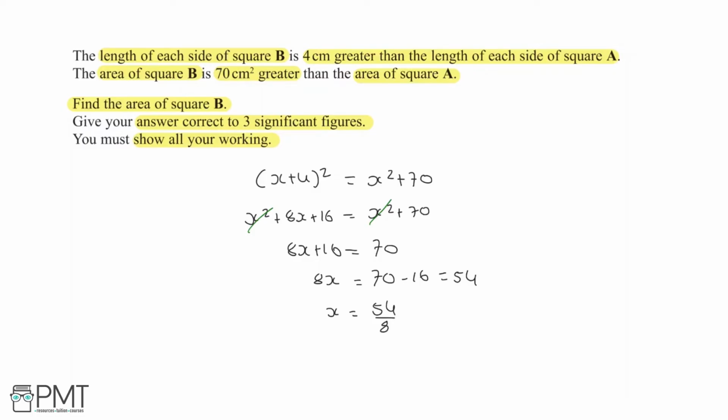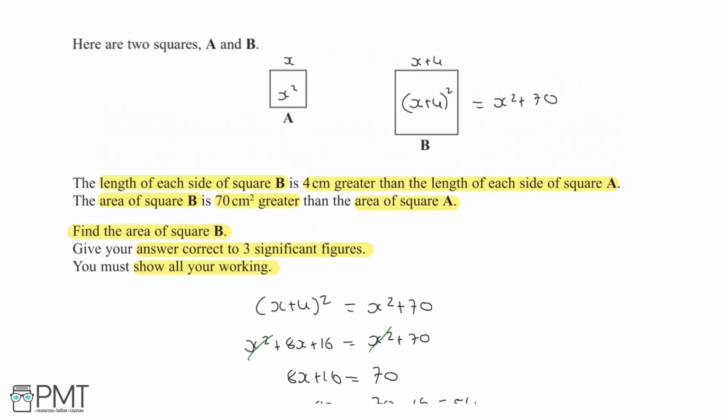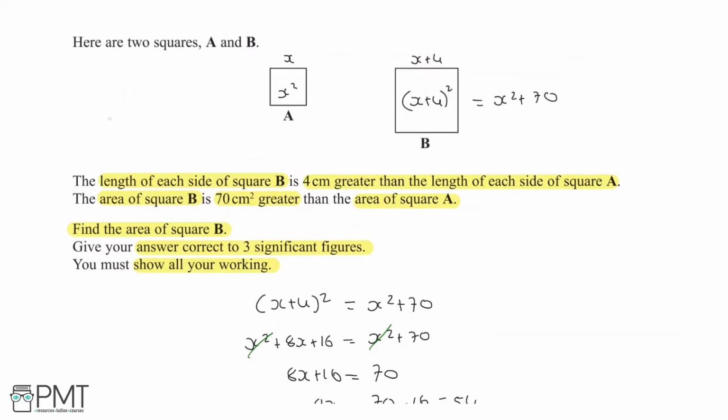We need to find the area of square B. Again, we have two ways of going about this. We can take our result that x equals 54 over 8, square it and add 70, or we can add 4 to it and then square the final result. I'm just going to do the first one. So x plus 4 equals 54 over 8 plus 4, and x plus 4 all squared, in my calculator, is 54 over 8 plus 4, all squared.